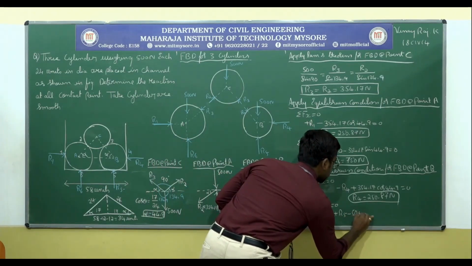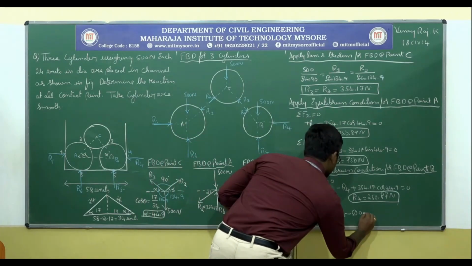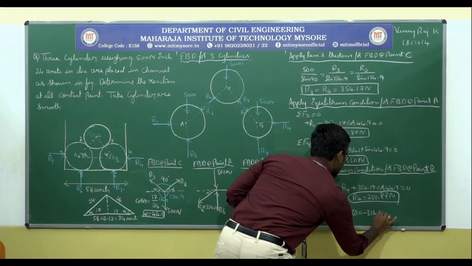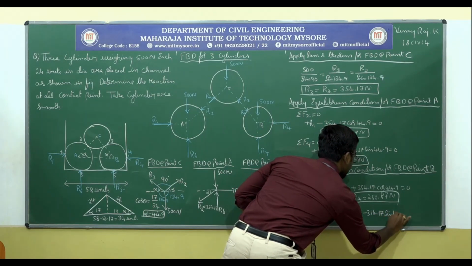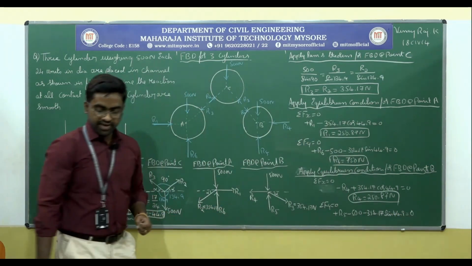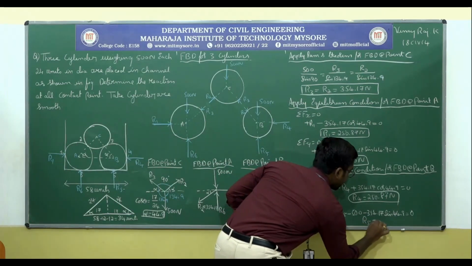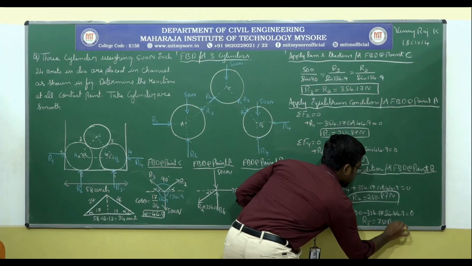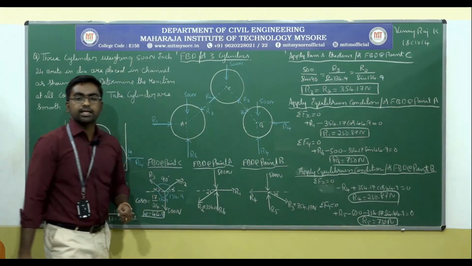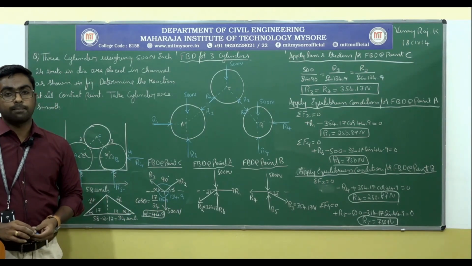Even this will be minus 354.17 into sine of 44.9 is equal to 0. If I calculate this, the R5 value will be equal to 750 Newton. So this is how you need to calculate all the unknowns in this particular problem, right?